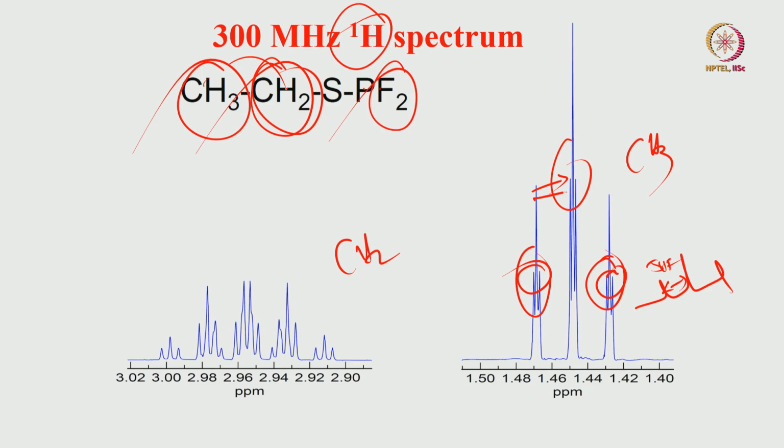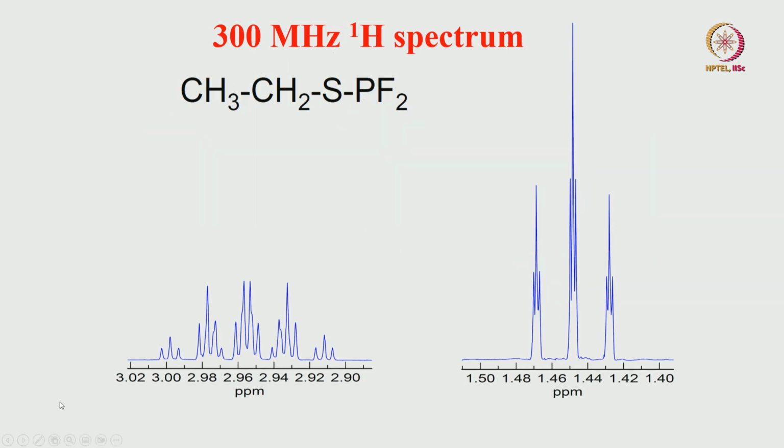Then you may ask me what will happen to phosphorus. Phosphorus is experiencing 1, 2, 3, 4 bond coupling, which may be very small. The 4 bond proton phosphorus coupling may be very small, so you are not seeing it, whereas this 5 bond coupling may be visible, and you are seeing that. So in the case of this molecule, the CH3 proton is a triplet of triplets.